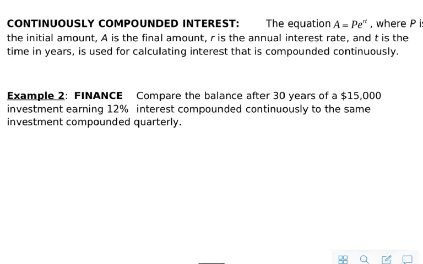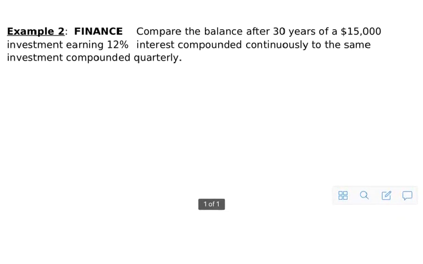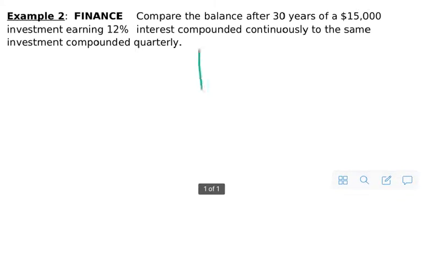So in problem number 2, it says, compare the balance after 30 years of a $15,000 investment earning 12% interest compounded continuously to the same investment being compounded quarterly. So I'm going to basically make 2 columns here.